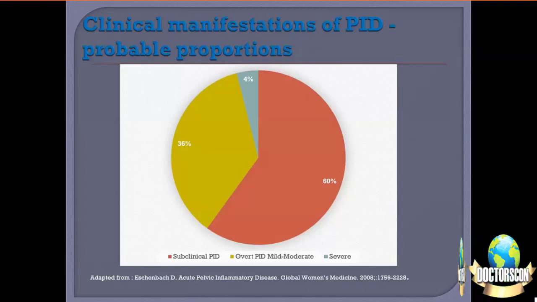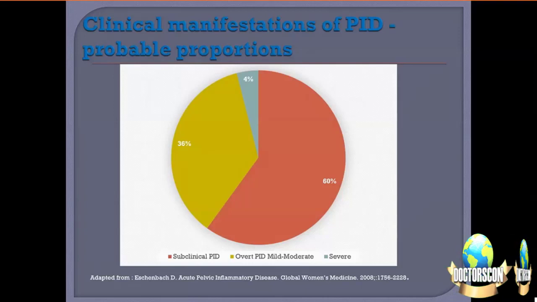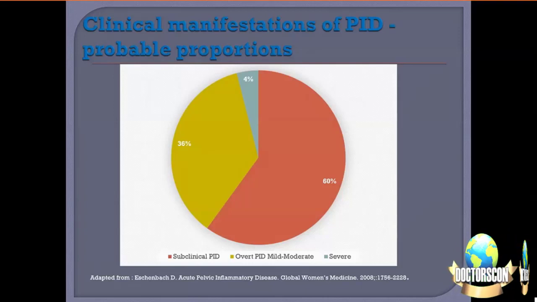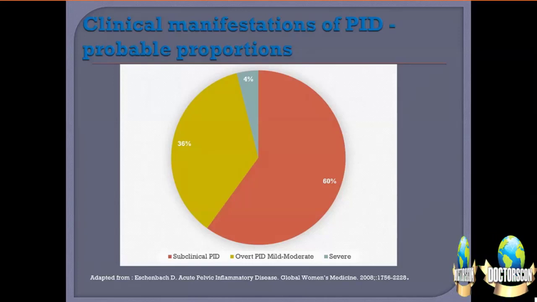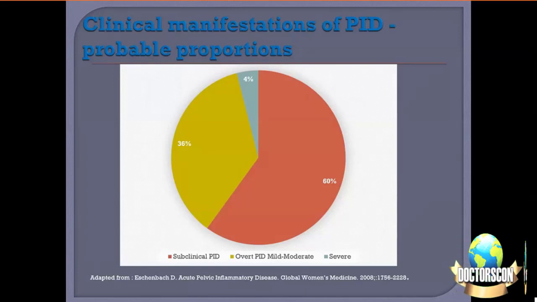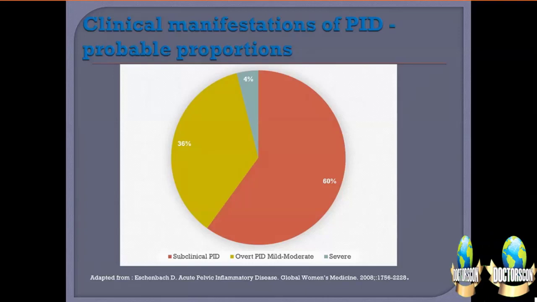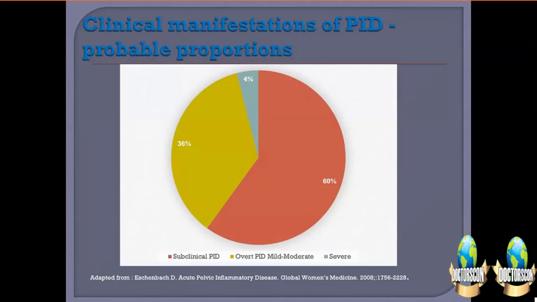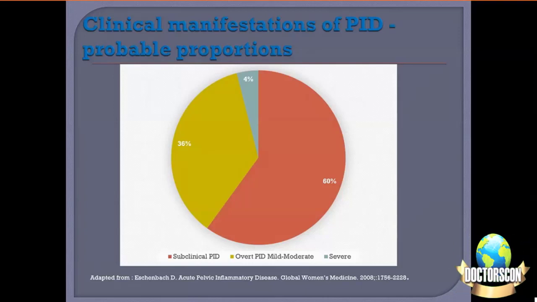Now, looking at the various symptoms and their prevalence, the most prevalent symptom would be irregular vaginal bleeding. And this is usually a concerning symptom in young women of reproductive age.